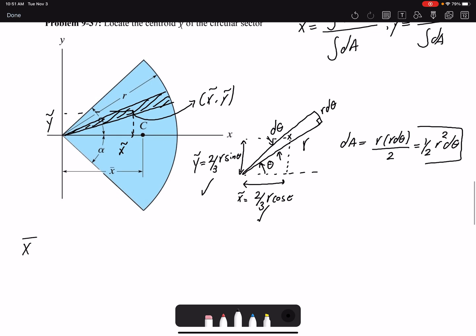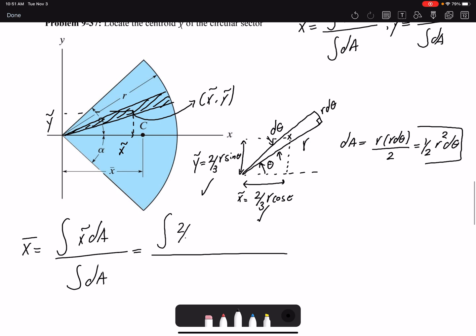So x bar is the integral of x tilde dA over the integral of dA. Let's plug in the values. X tilde is 2/3 of r cosine theta. dA is half r squared d theta. And the range of theta is from negative alpha to positive alpha.